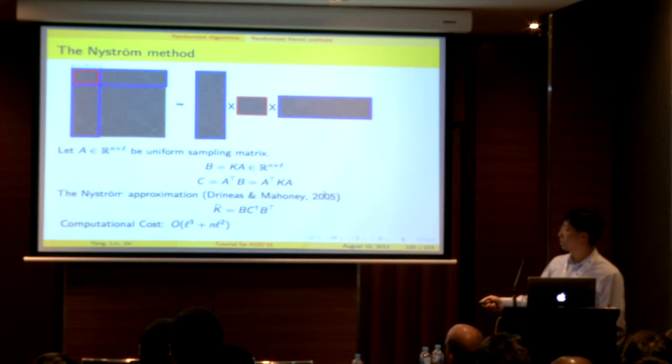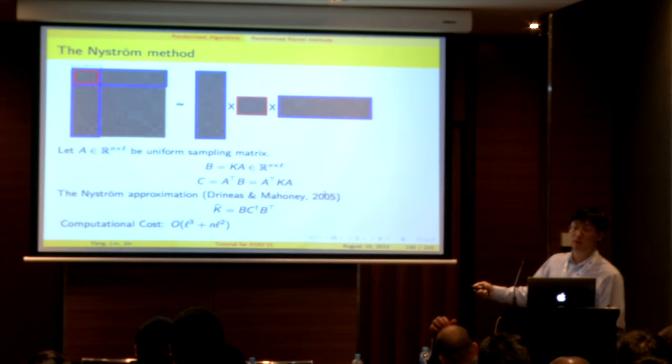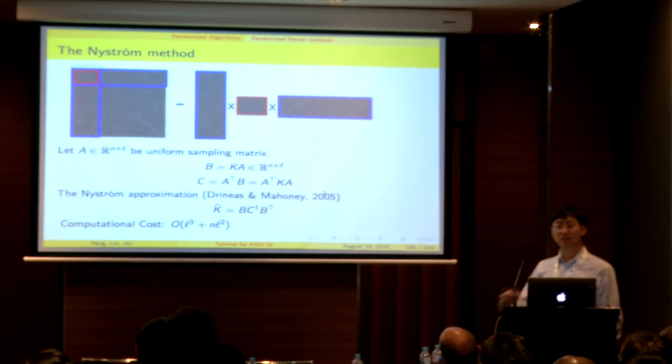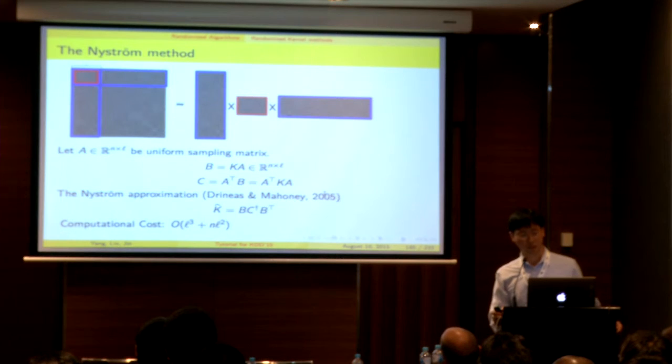This is the Nystrom approximation: the B matrix, times the pseudo inverse of the small C matrix, times the transpose of the B matrix. Because C is a much smaller size, we can compute its pseudo inverse very efficiently.